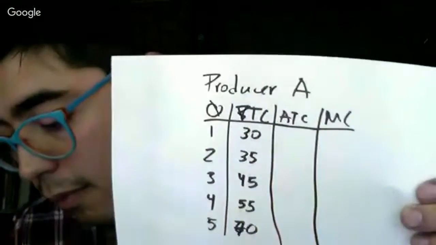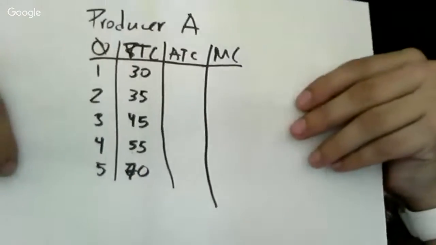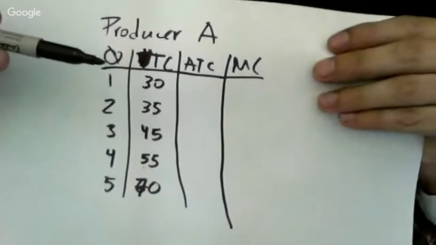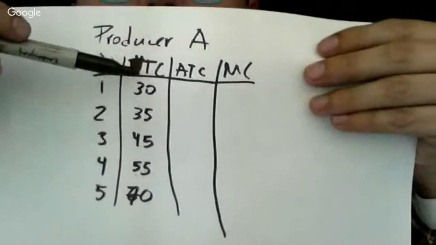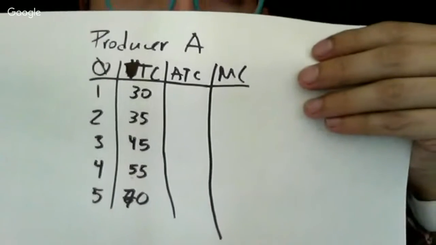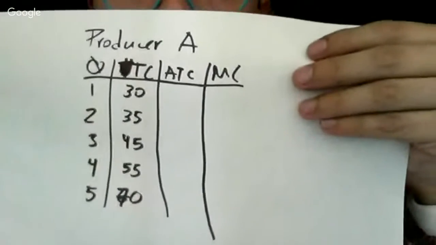Okay. So imagine we are producer A, and we have the quantity and the total cost. So just remember, total cost is calculated with variable cost plus fixed cost. That's why I'm not including it here, because it's just trivial.